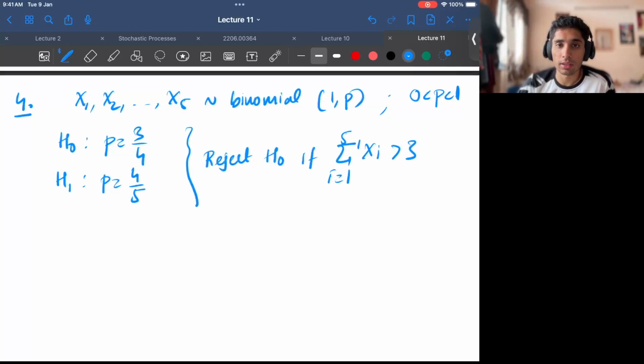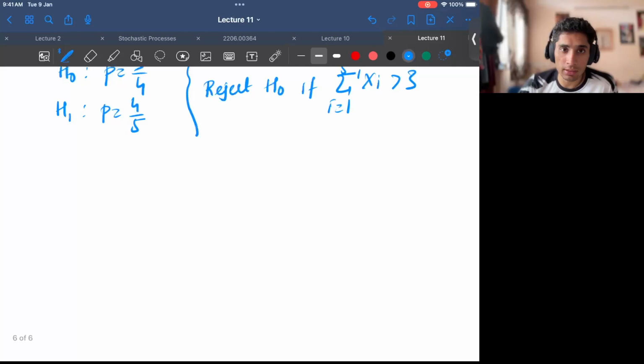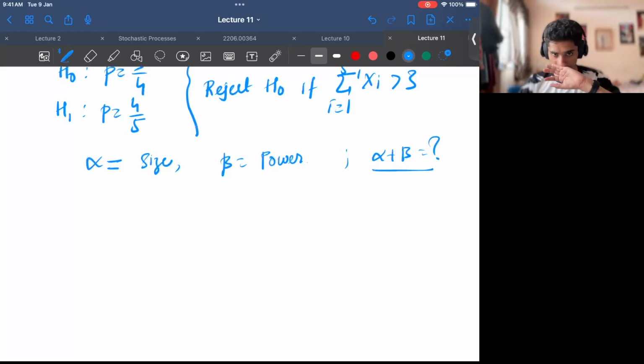And then it is given to you that alpha is basically your size, and beta is basically your power. And the question that is asked to you is: what is the value of alpha plus beta? This is the question.